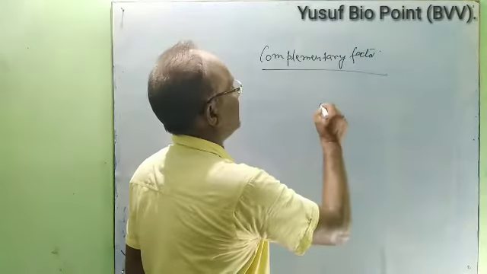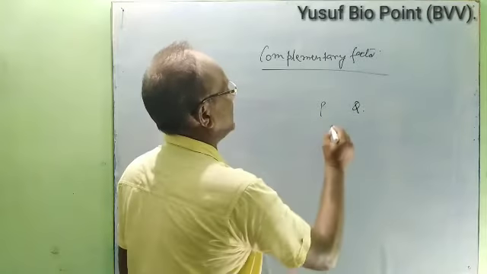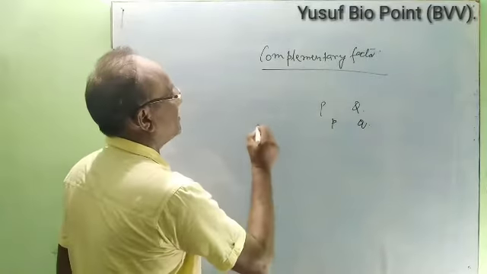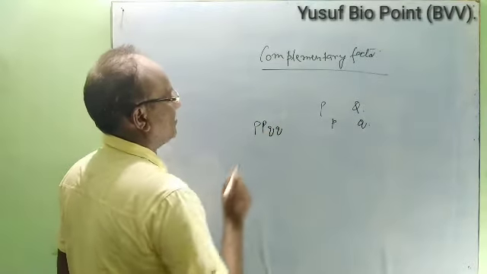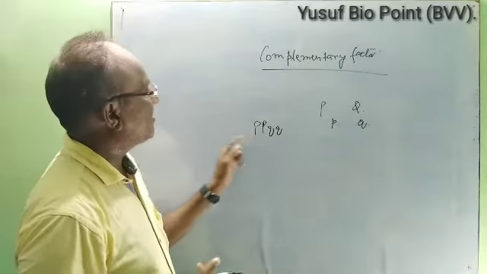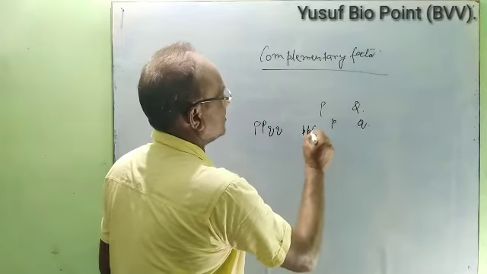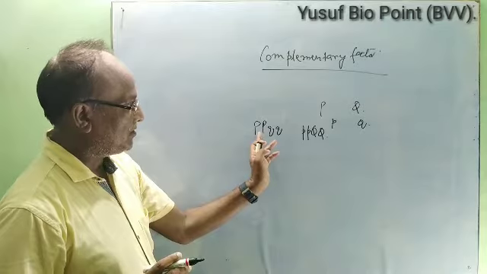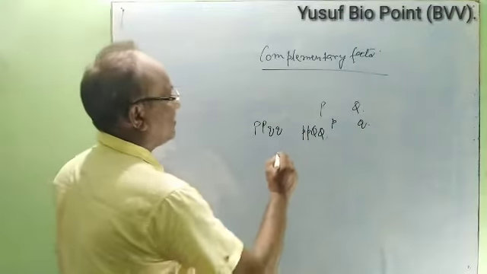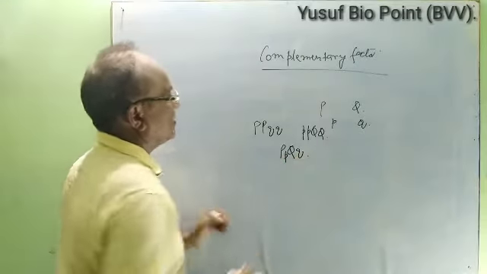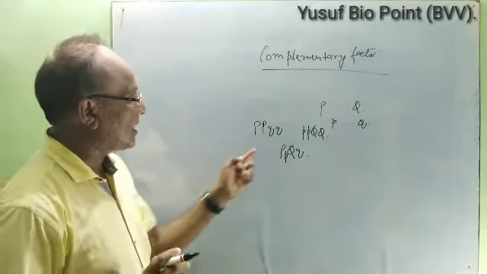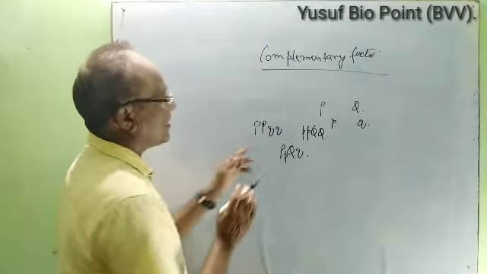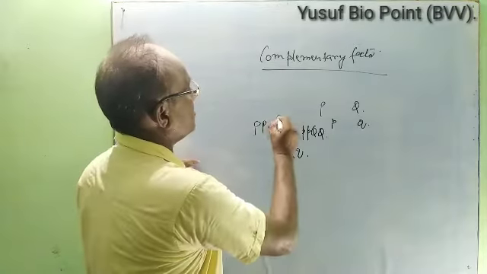Suppose the characters are P and Q, with recessive states p and q. Here P is expressed. A situation can also be P q, where only one is found in dominant form. Here only P is found in dominant form, here only Q is found in dominant form, and here both P and Q are in dominant form. Since P is alone in dominant form, it will not show its effect.